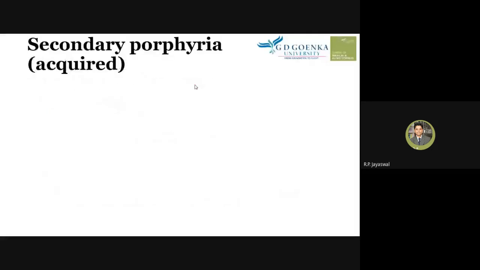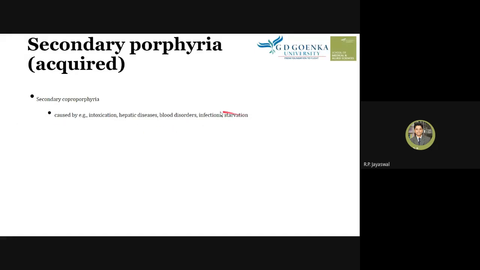Now secondary porphyria is explained as an acquired type of porphyria. For example, secondary coproporphyria is caused by intoxication, hepatic disease, blood disorder, infection and starvation.